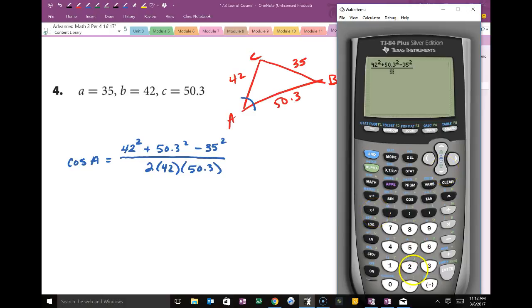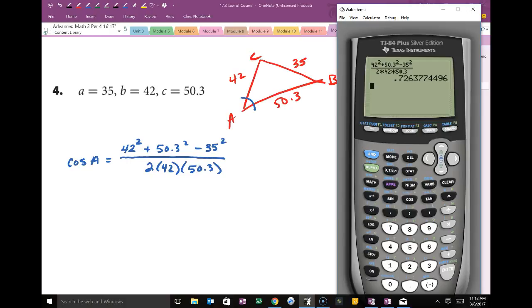Downstairs I have 2 times 42 times 50.3. When I do that, I get 0.73.